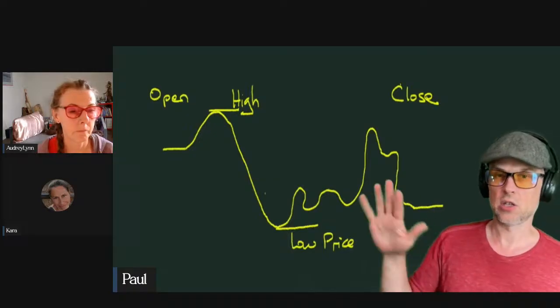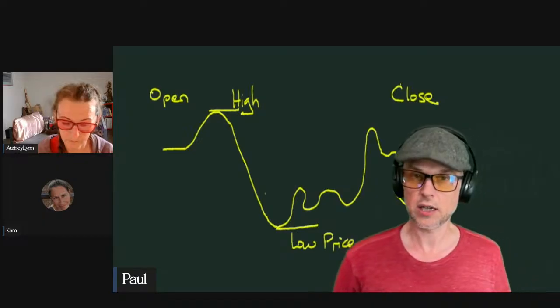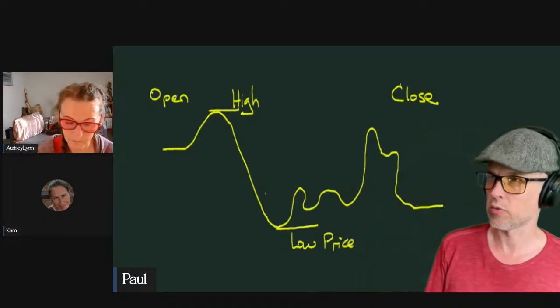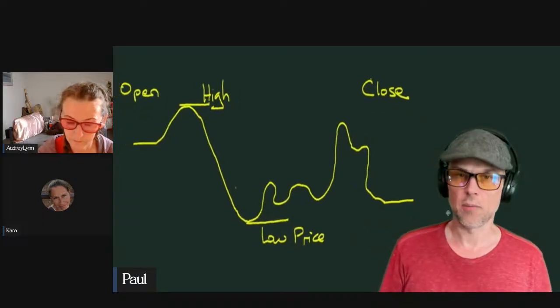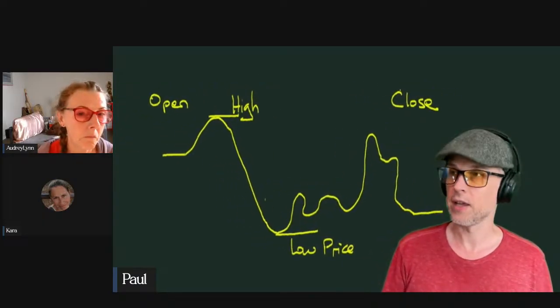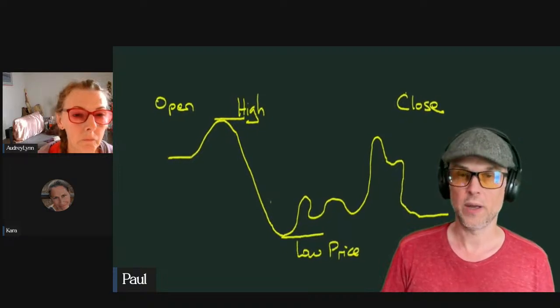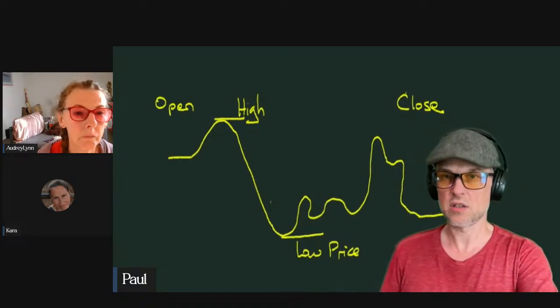Now, this is a lot of data, there's a lot of squiggly lines, and so the Japanese actually came up with a brilliant way to represent this price action throughout a market's being open. And this was invented in Japan, believe it or not.